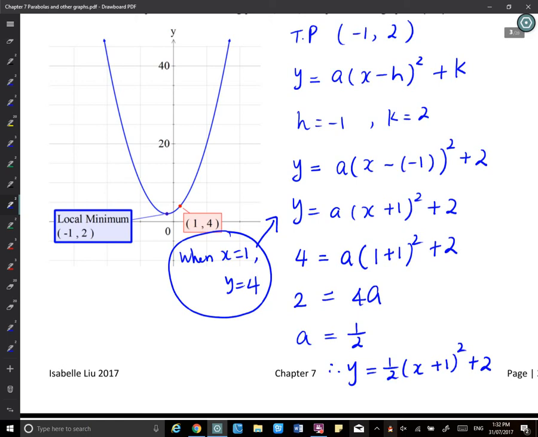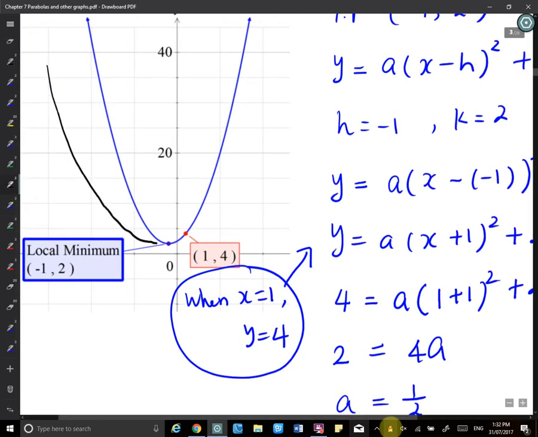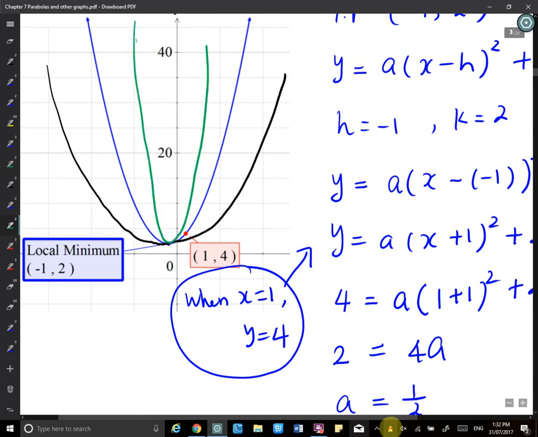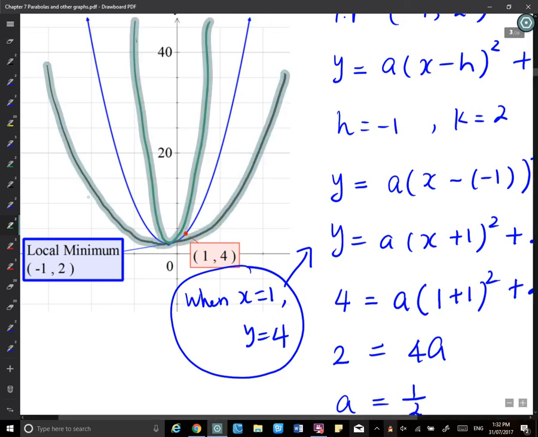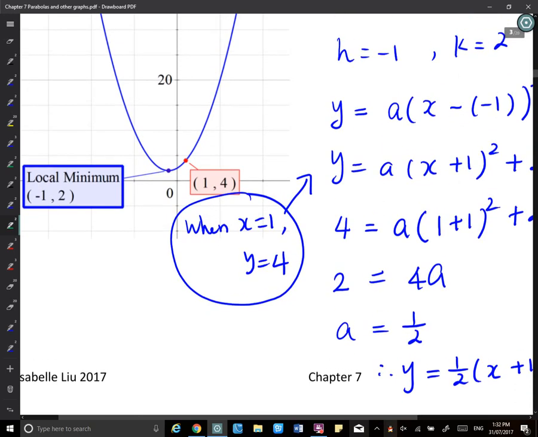You don't know the dilation yet. You can have another graph with the same turning point, or a narrower one with the same turning point. You can always have the same turning point with infinitely many graphs. But you want to make sure of the dilation to get the particular graph. So you solve that by using another point on the graph.